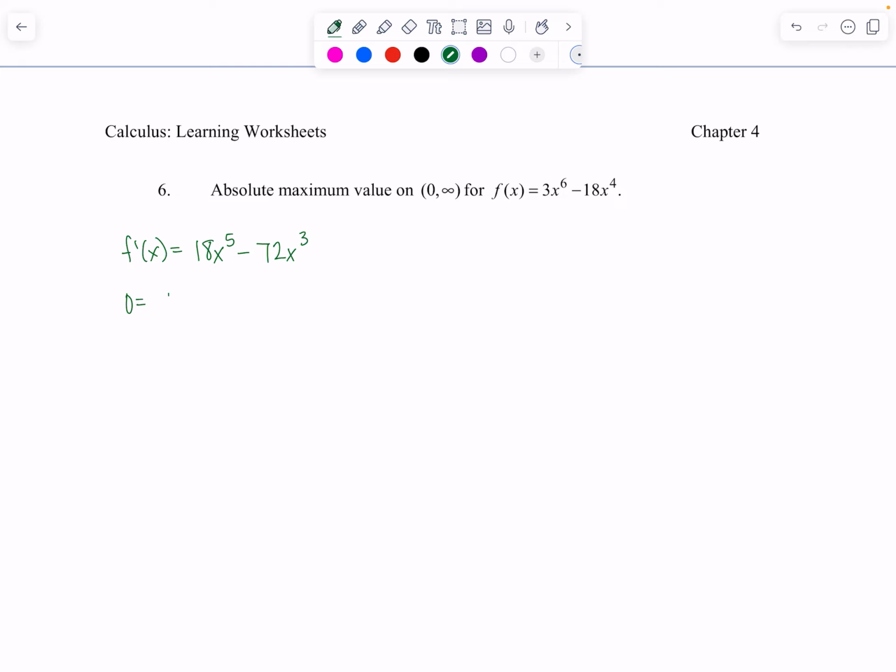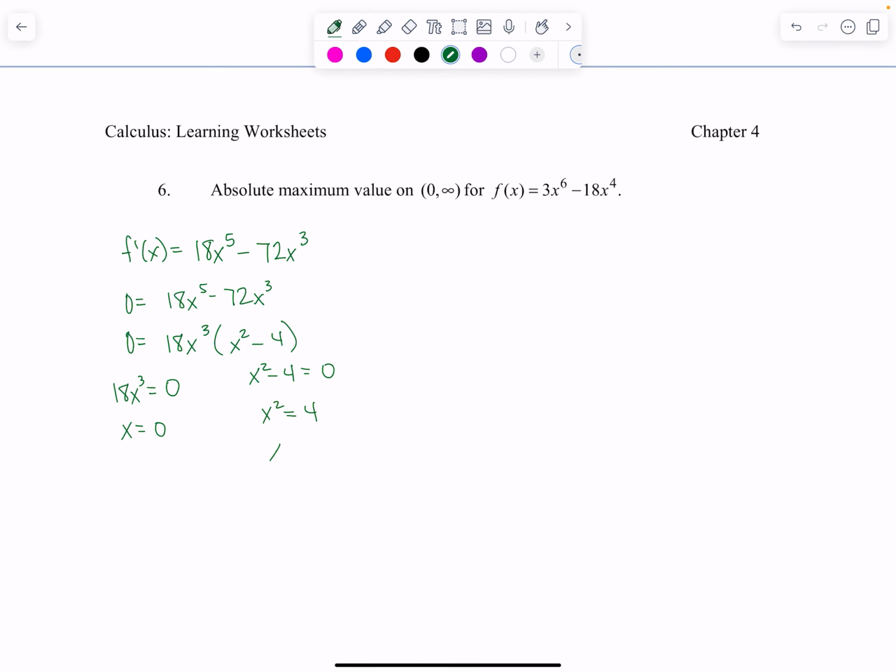When this equals 0, let's factor out the 18x cubed. So we'll have an x squared minus 4. If 18x cubed equals 0, x equals 0, and if x squared minus 4 equals 0, then x squared equals 4, so x will equal positive or negative 2.